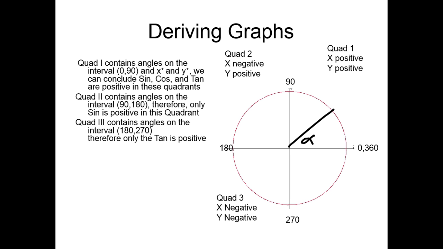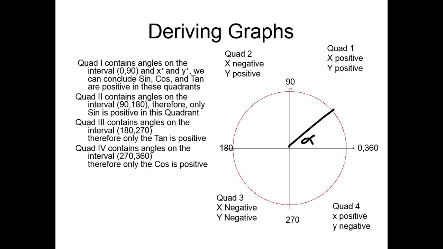And in quadrant 4, we have x positive and y negative, implying the cosine is positive, the sine is negative, and the ratio of them, the tangent, is also negative.